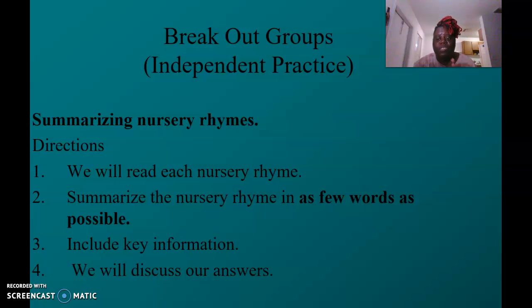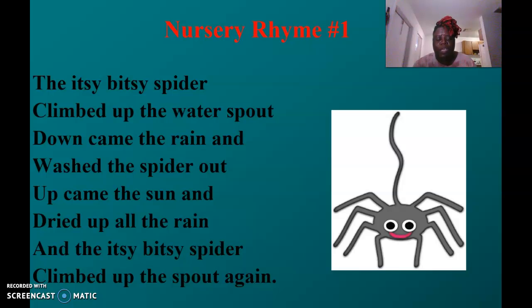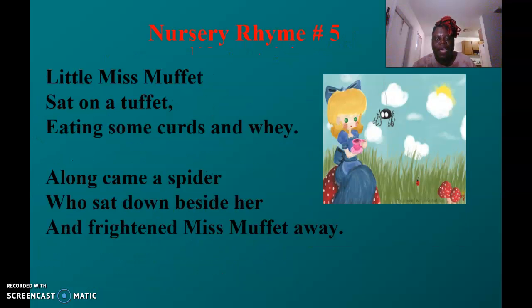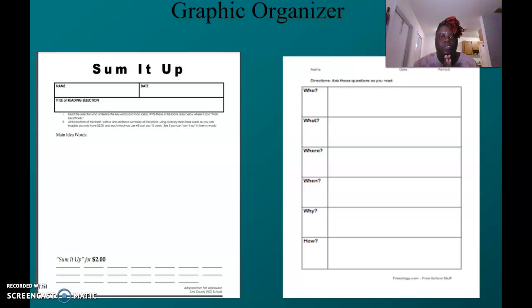Within their groups, they will have the PowerPoint that goes over summarizing, and within the PowerPoint we have the 5 nursery rhymes, which they will have to summarize as a group. Each student would have to turn in a paper with their summaries. Within their files, they will also have 2 graphic organizers to use to help them with their summaries.